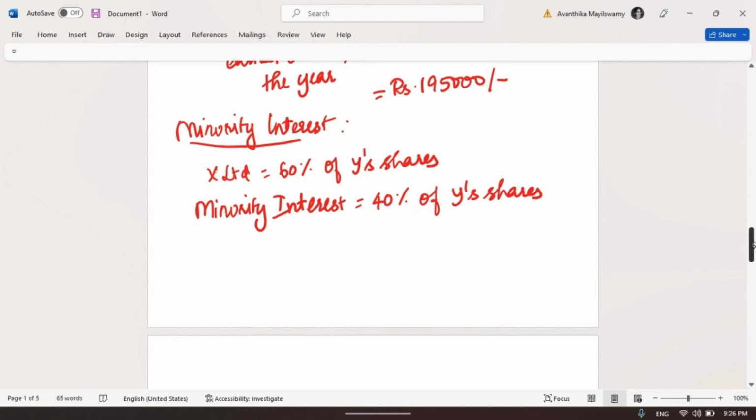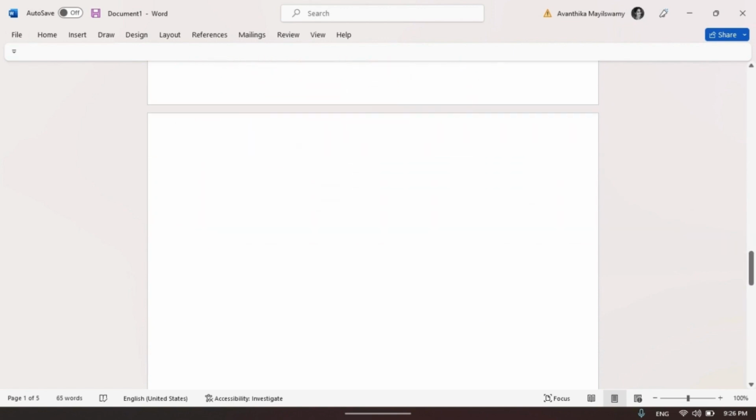So let us calculate the values. So here let us consider X Limited and minority interest. From the above given information, it is clear that X Limited has 60 percentage and minority has 40 percentage.